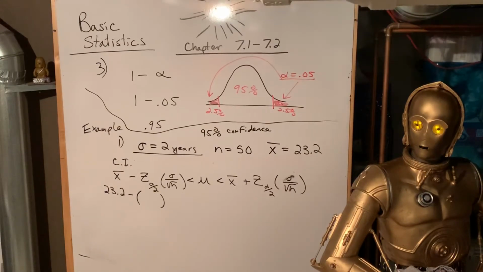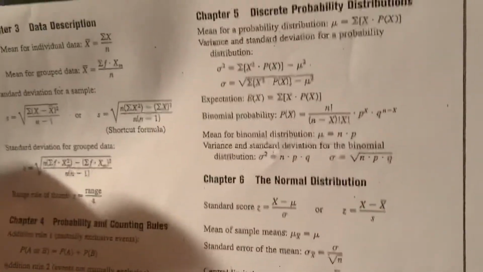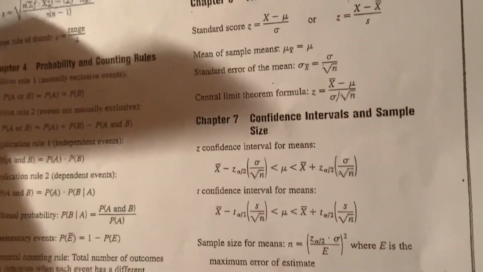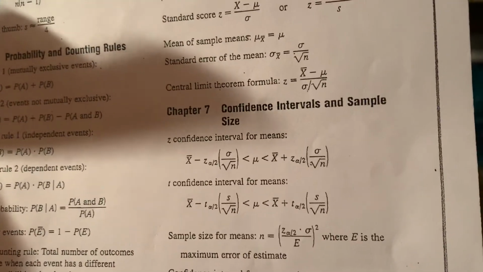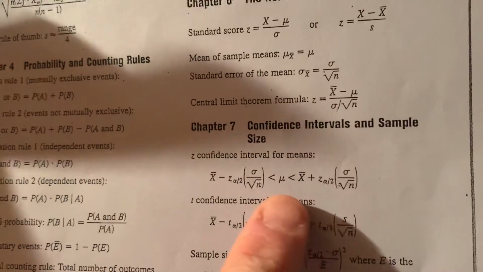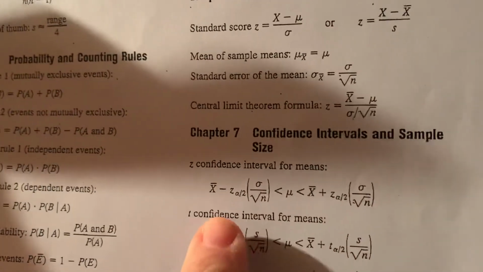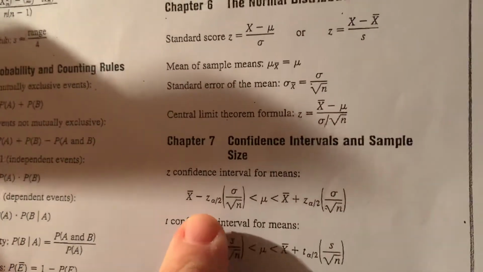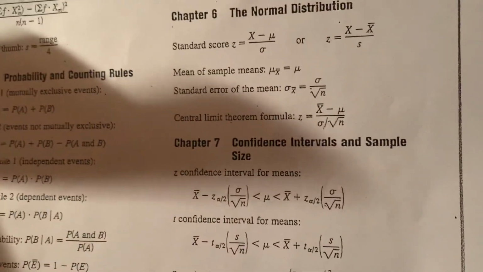So first, on your formula sheet that you get to use under Chapter 7, let's see, where's Chapter 7? There's Chapter 7. So look, this is the one that we want. That's the one that I just put on the board. And I don't want you to really worry about that alpha over 2. Just think of that as a z-score, okay?